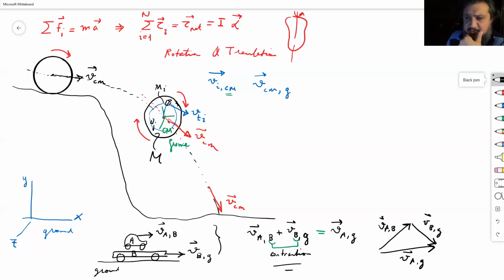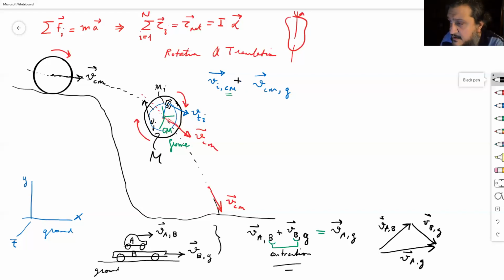That is perpendicular to the radius, the tangential velocity. Like particle J here, that will be moving in that direction, etc. But now we're going to add that to VCM,G, the velocity of the center of mass in the ground reference frame.